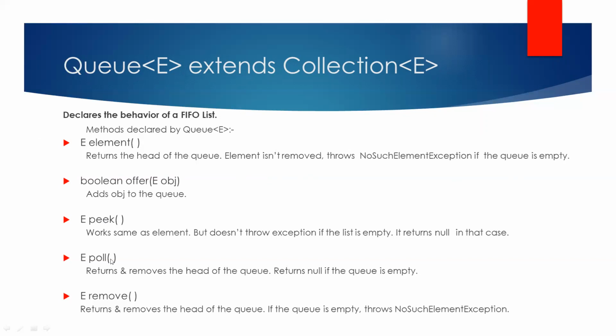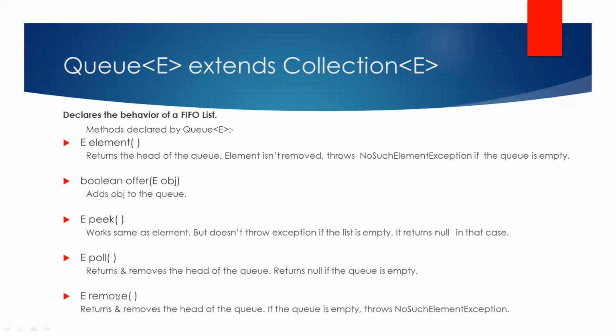Then after that, we use poll. It returns and removes. It performs both operations. First it will return, after that it will remove that element, the element at the head. Suppose you want to remove and return the element at the head position, but your queue is empty, so it will return null.